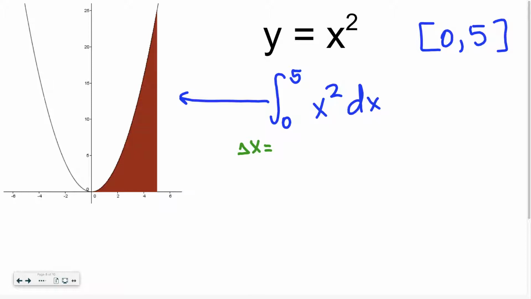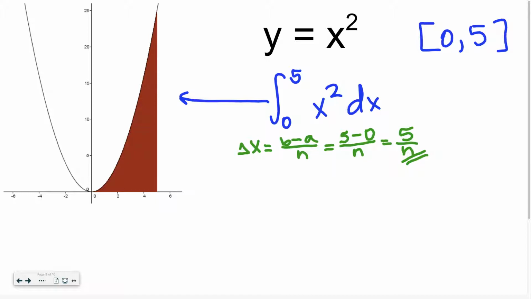So delta x we calculate by taking b minus a over n. In this case, b is 5 minus a is 0 over n. So delta x is 5 over n. That's important.